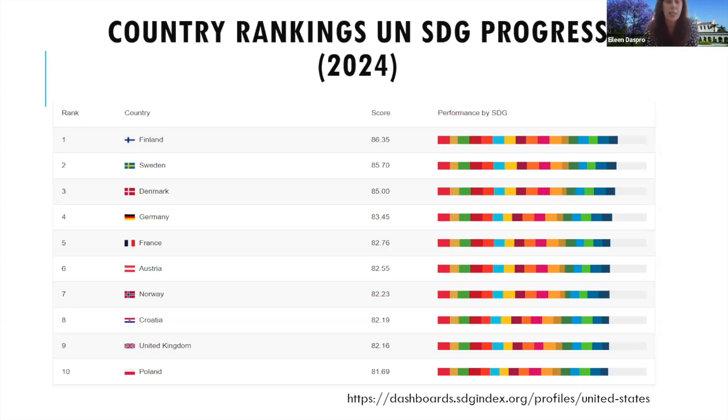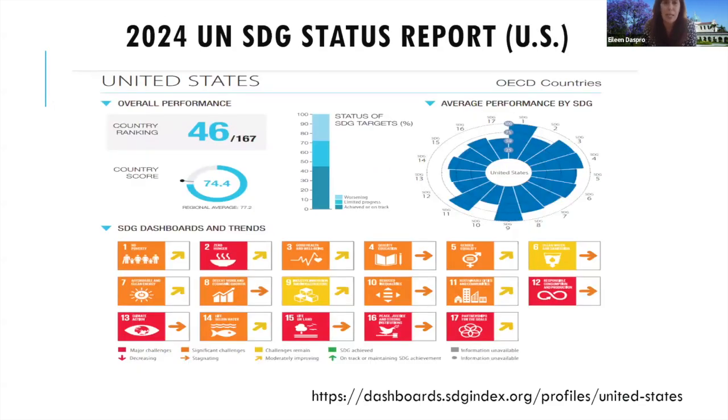And the United States is ranked, in case you were wondering, 46, which is unfortunate, I would argue, considering the size of the US economy and its potential for impact in the SDGs.